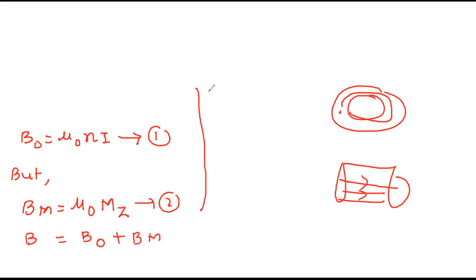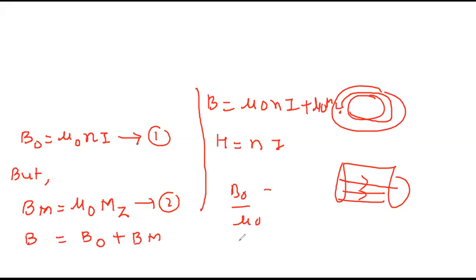So we can say B equals to mu naught Ni plus mu naught Mz. Now H is same as Ni, because when you compare B naught upon mu naught is H. So B naught is mu naught H. So ये Ni is nothing but H only by comparing. Got it?